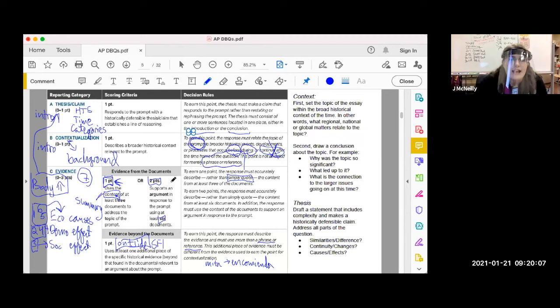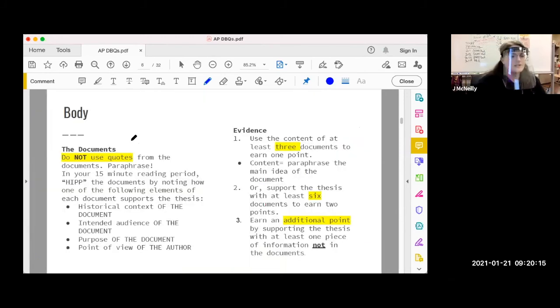Okay, that's all for your evidence points. Then you're going to get into your analysis points. Okay, so just as a recap for the body paragraphs, for the first point, you need to use at least 3 documents for their content, meaning summary, the main idea of the document. If you do that for 6 documents, you can get 2 points. If you do outside SFI, you can get 3 points.